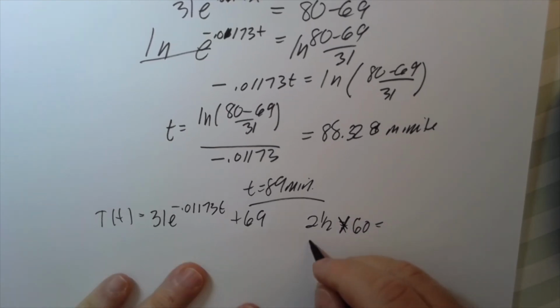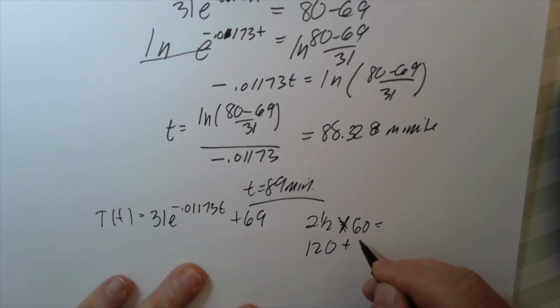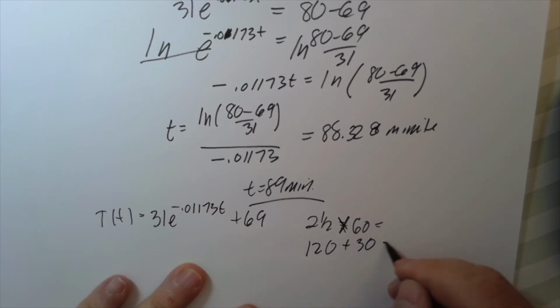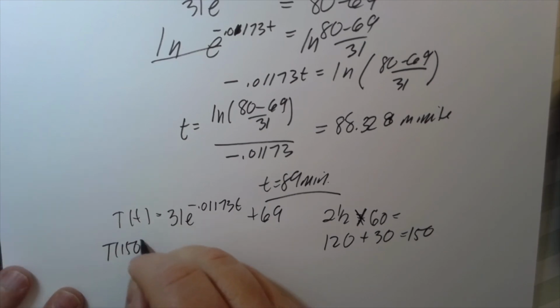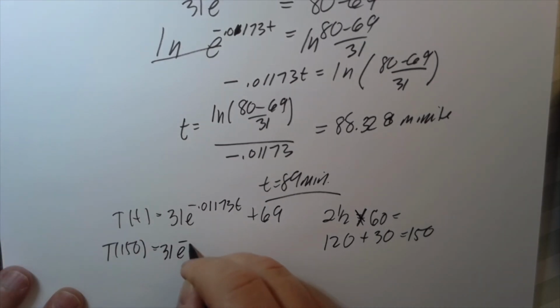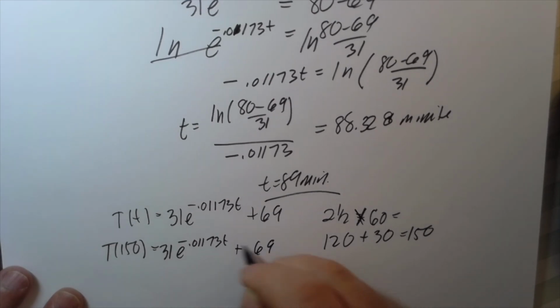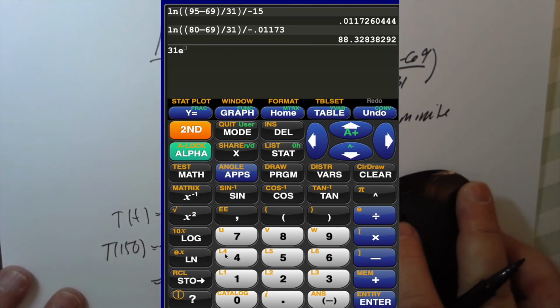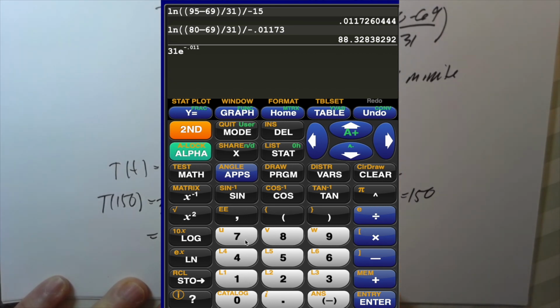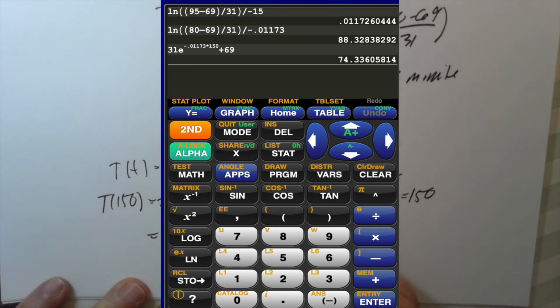So this would be 2 times 60 is 120, plus 2 times a half is 30. So that's 150 minutes. So I'm going to put in 150. This would be 31 e to the minus 0.01173 times 150 plus 69. And again, this is just plug it in the calculator. And it looks like we get 74.3 degrees Fahrenheit.